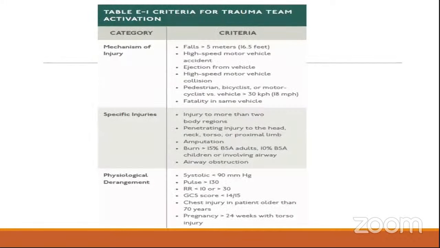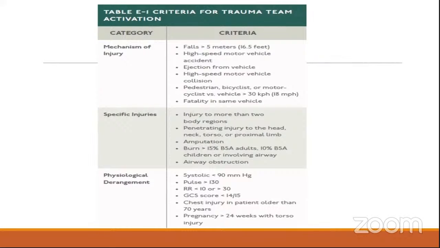Now let's see the criteria for trauma team. Category is mechanism of injury. The criteria, for example, fall more than 5 meters, high-speed motor vehicle accident, ejection from the vehicle, pedestrian, bicycle, or motorcycle versus vehicle more than 30 km per hour, fatality in same vehicle.